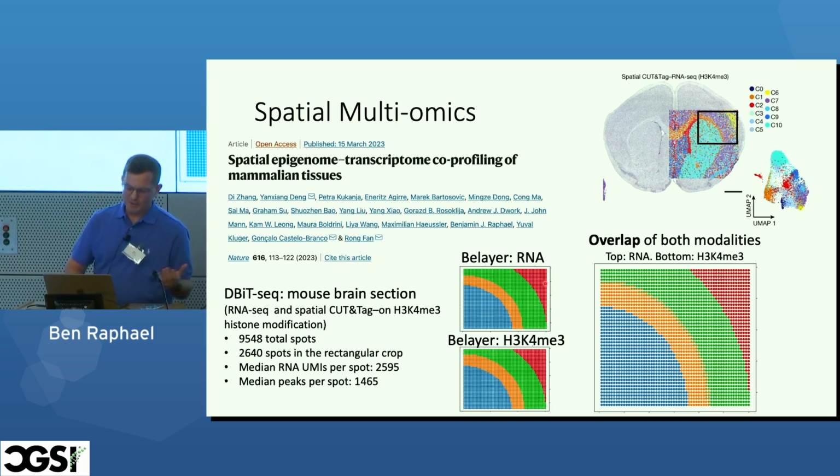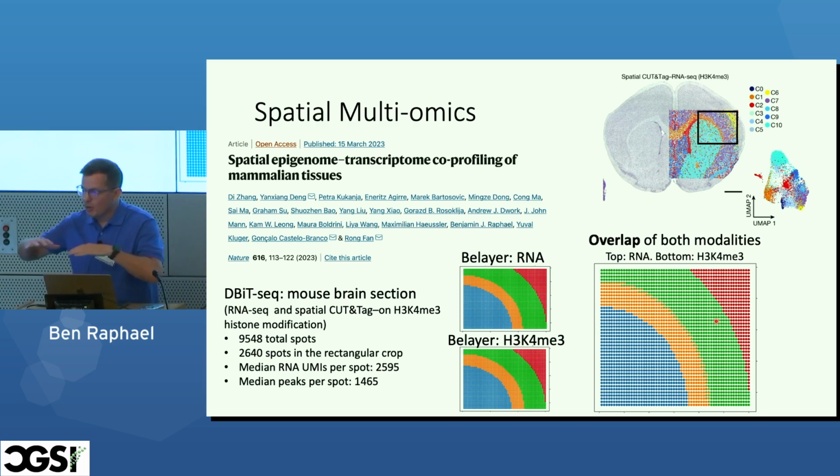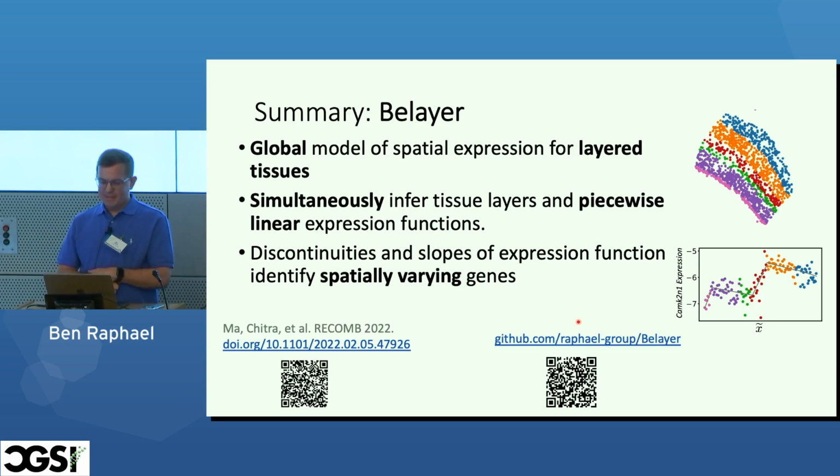And he said, wow, this is incredible. Can you analyze our data? And we do. And what we can see is that we can pick out these layers quite beautifully from RNA and, in this case, from the epigenetic mark histone H3K4 methylation. And in fact, if you overlay them in the multiomics, the layers are quite concordant between these two modalities, which is quite nice.